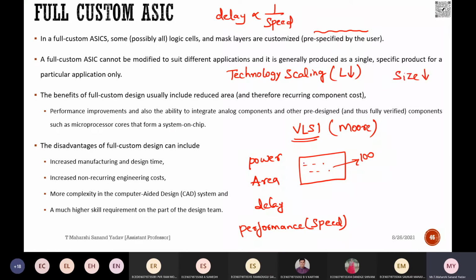So if the size of the components reduces, then suppose instead of 100, I can accommodate 200. Or else you can also reduce the area, followed by you can reduce the component size also. Anything is possible, but it will revolve among only these parameters: area, power, delay, and speed.